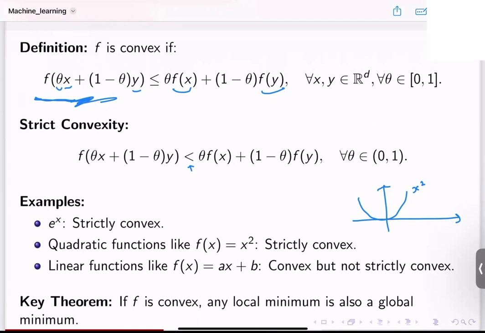What's even nicer is that convex functions have the property that local mins are always global minima. This is a very nice property of functions that allows us to find local mins easily. And it turns out that these local minima that we find are going to be global minima.